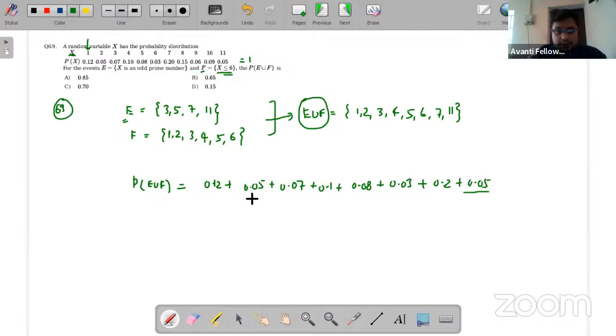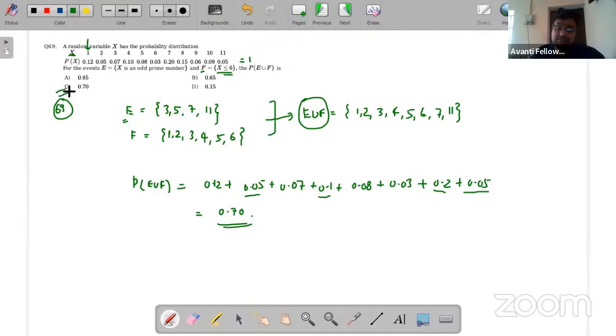So 0.05 and 0.05 is 0.1, 0.1 plus 0.1 is 0.2, 0.2 plus 0.2 is 0.4, 0.4 plus 0.11 is 0.51, 0.51 plus 0.19 is 0.70. So 0.70 will be my answer.